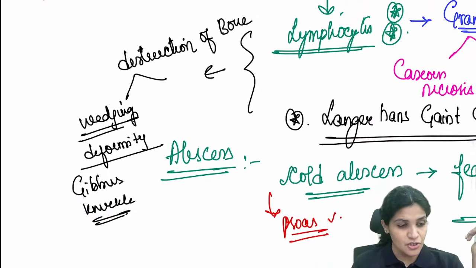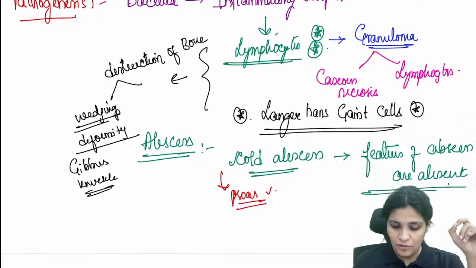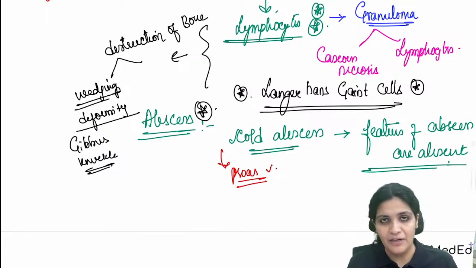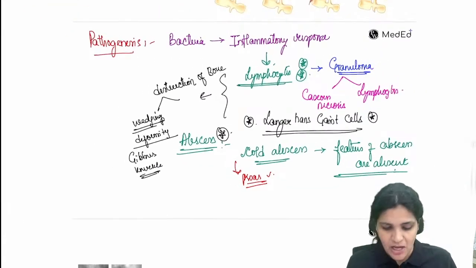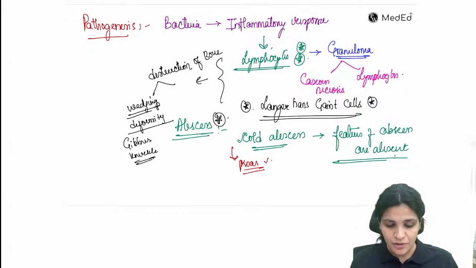So this destruction of the bone will result in wedging of the bone. And then it can also travel down as an abscess, so cold abscess, and it goes down the psoas, which is called psoas abscess. So this is all the pathogenesis which will happen in case of your tuberculosis.